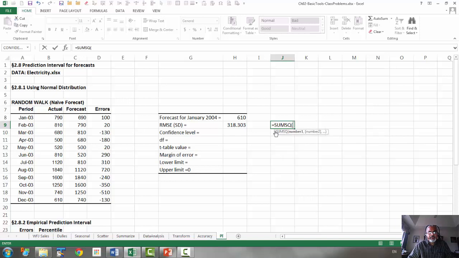If we give that range, that will give you the sum of squares divided by n minus 1. Actually, it will be divided by n, it will be the count.